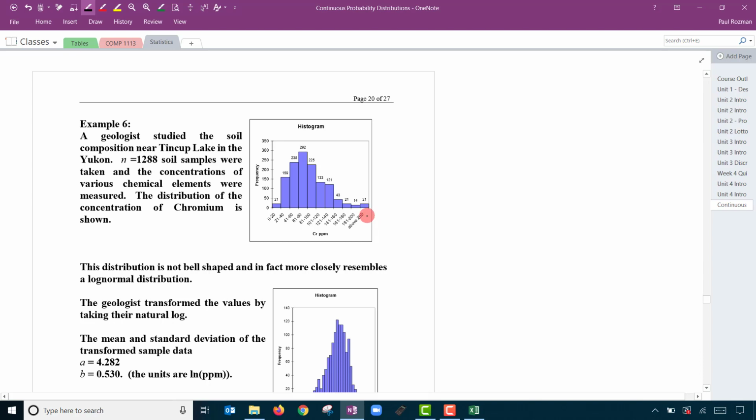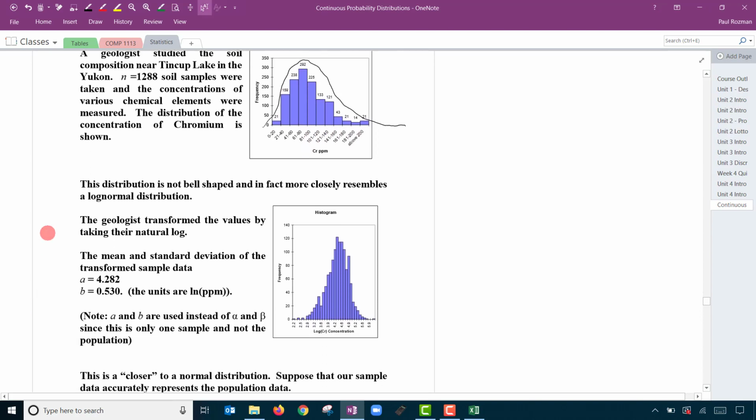A histogram is given. The 1,288 values were plotted on a histogram, so we could see the general shape. And we can see that this sort of looks like that log normal shape that we saw in the log normal plots. So I'm trying to come up with a way to estimate alpha and beta.